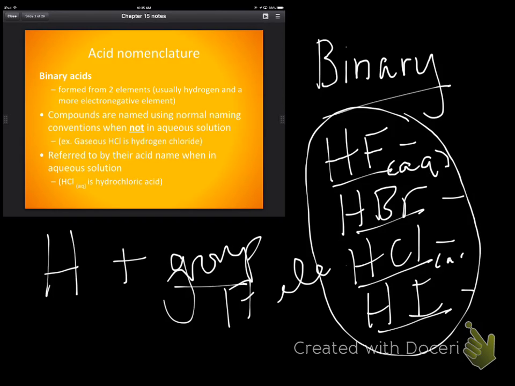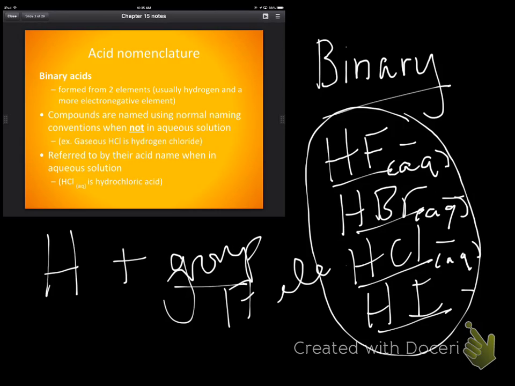So you guys all know the name for HCl in aqueous solution. What is it? Hydrochloric acid. Okay, hydrochloric acid. Can you take a wild, crazy guess at what hydrogen fluoride in aqueous solution is called? Hydrofluoric acid.